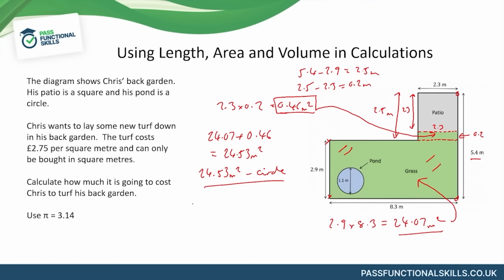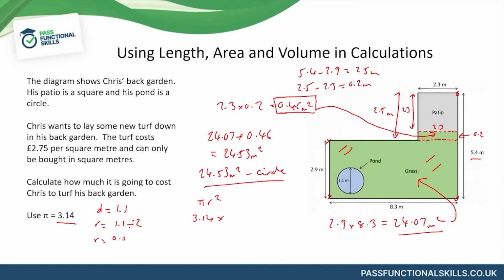Now the formula for the area of a circle is pi r squared. So that's going to be pi, which we've been told is 3.14, multiplied by the radius. Now be careful, we've been given the diameter. So if the diameter is 1.1, then the radius is 1.1 divided by 2. So here the radius is going to be, might need a calculator for this, 1.1 divided by 2 is 0.55.